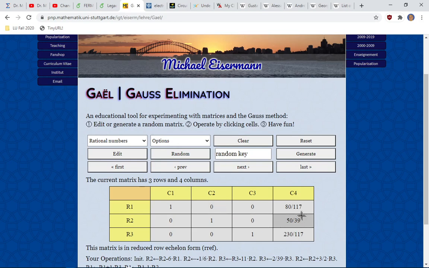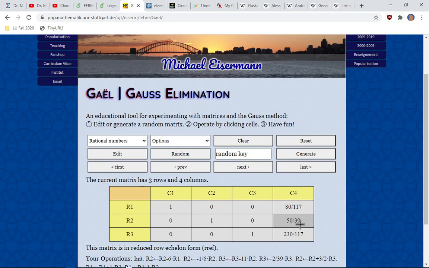These denominators 117, it might make more sense to also have this one in the same denominator. Of course you have to multiply this by 3. It becomes 150 over 117, or just leave it as it is. So I have my answers 80 over 117, 50 over 39, and 230 over 117.